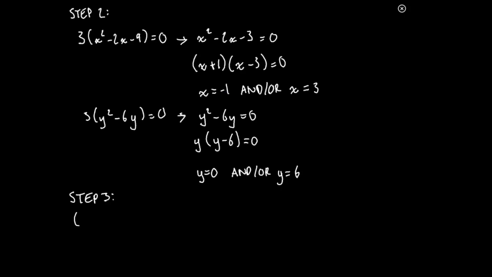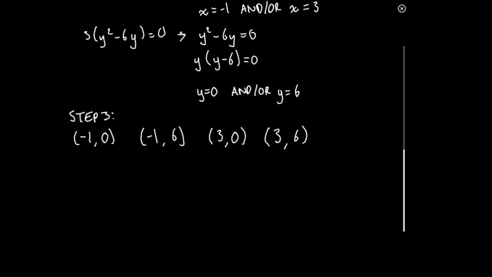It means each possible combination of x and y values we're going to put together. So the first possible combination is negative 1, 0. Second is negative 1, 6. Third one is 3, 0. And the fourth one is 3, 6. And that's all 4 combinations of x and y values. All right, on to step 4.